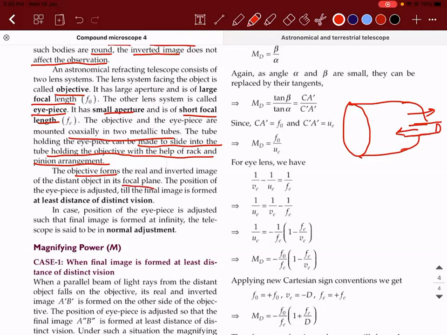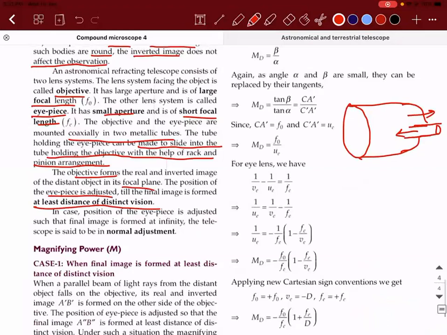The position of the eyepiece is adjusted till the final image is formed at the least distance of distinct vision. If the position of the eyepiece is adjusted so that the final image is formed at infinity, the telescope is said to be in normal adjustment. One is a strained view, the other, normal adjustment, is a comfortable view.